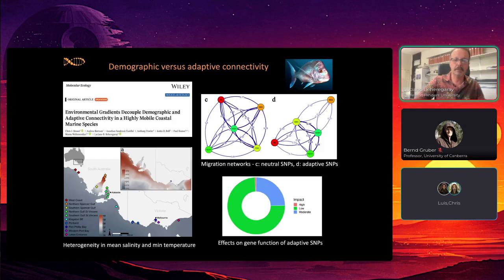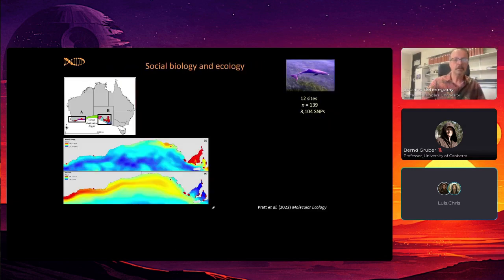So what we are seeing here is evidence of how environmental gradients decouple demographic and adaptive connectivity. This is extremely important for fisheries because this area here, the northern part of the gulf, contains a very important breeding ground, a nursery area for snapper, the most important one along the South Australian coast.